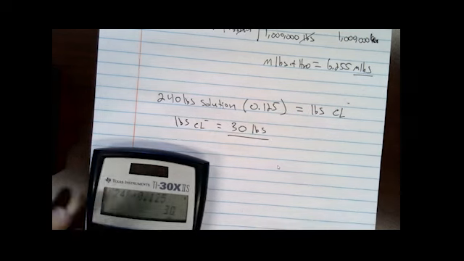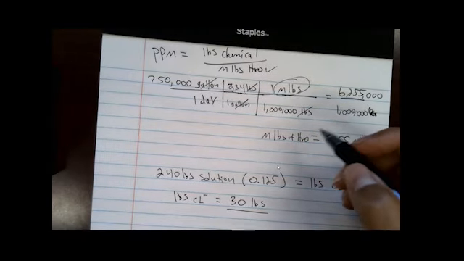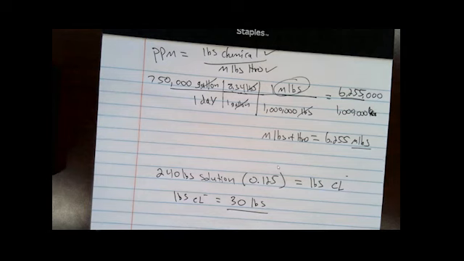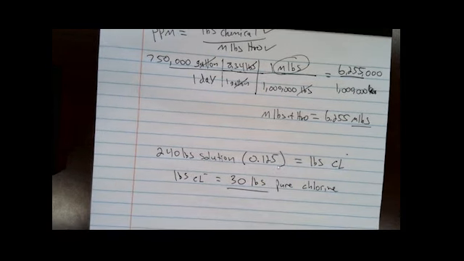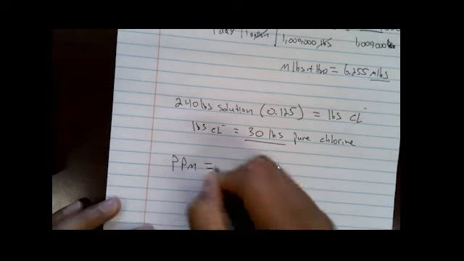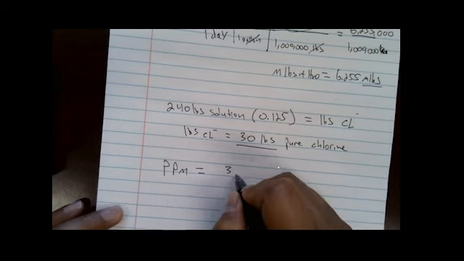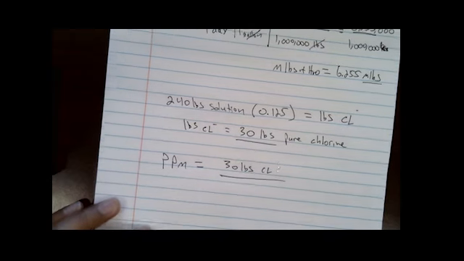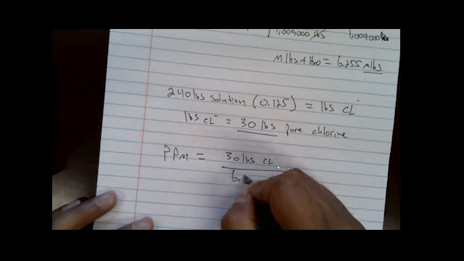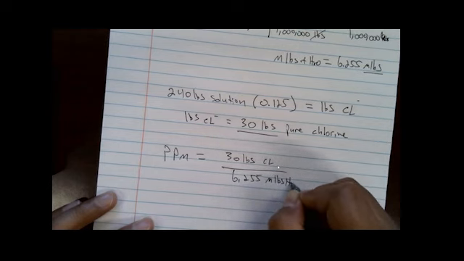So now we have everything we need to plug into our part per million equation. And that's pounds of pure chlorine. So with that said, part per million, right? We have the pounds of chlorine, 30 pounds chlorine, divided by the million pounds of water, 6.255 million pounds of water, right?